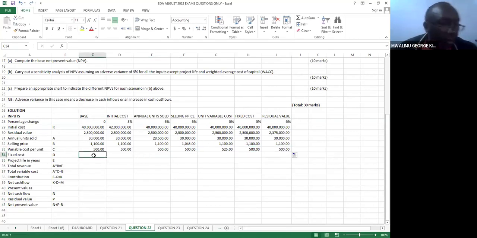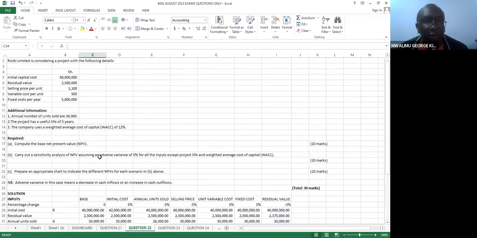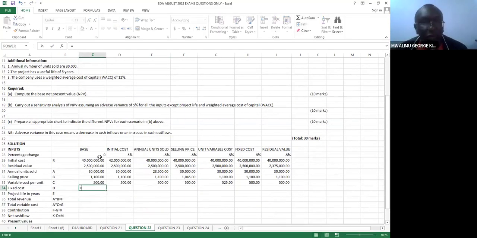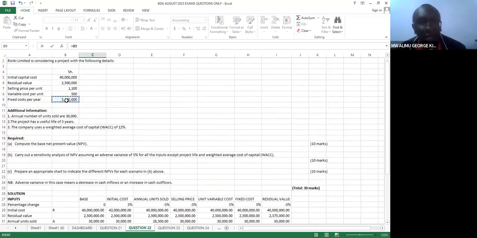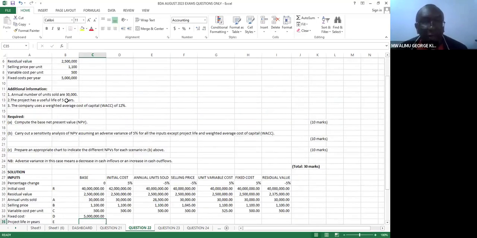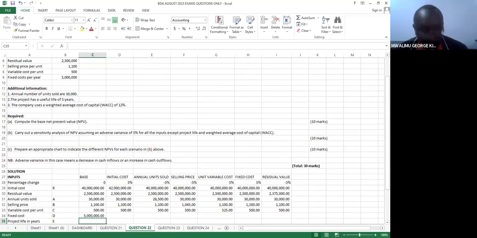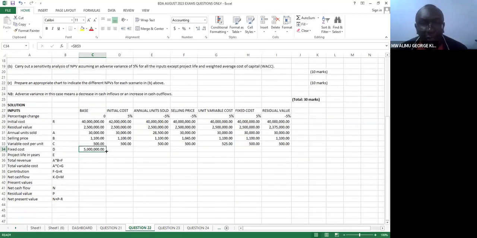Okay. The fixed cost. Fixed costs we are given. So this is equals to this value here. I should have put it fixed F4 so that I'm able to copy up to where it is not changing.